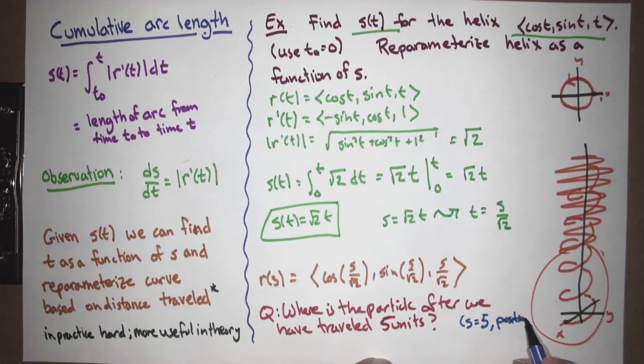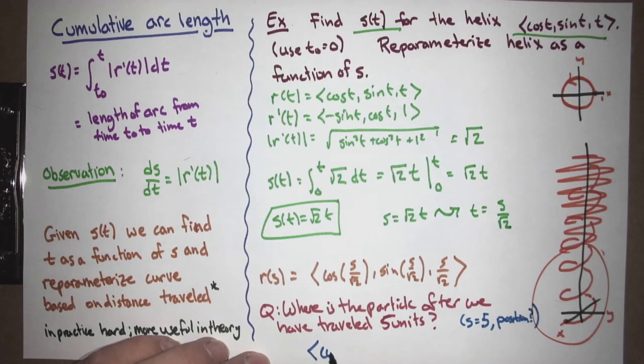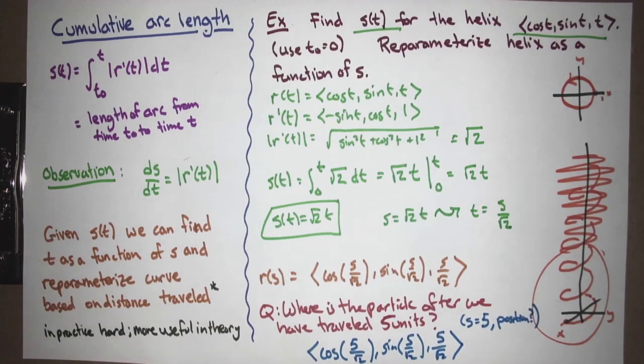This is how the problem could be phrased in a much more compact way. So we plug in s equals 5, and we get weird expressions: cosine of 5 over root 2, sine of 5 over root 2, and 5 over root 2. But just because they're weird doesn't mean they're wrong. That's fine. Weird things can happen too.